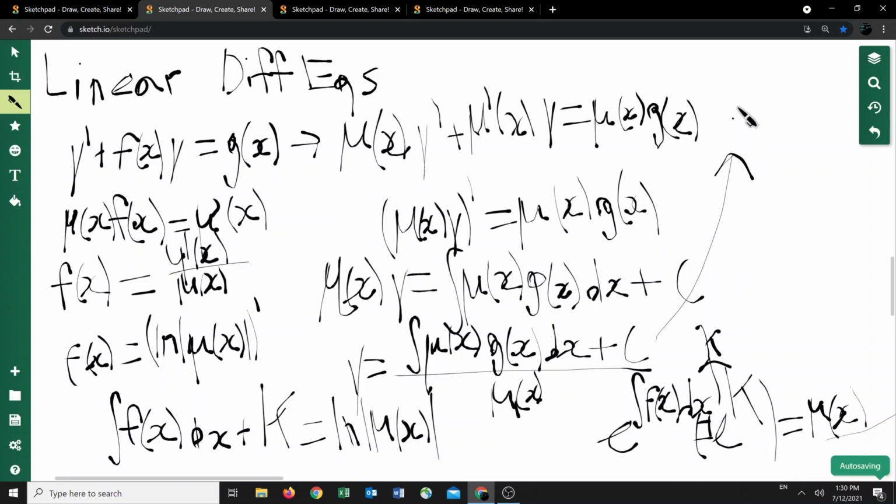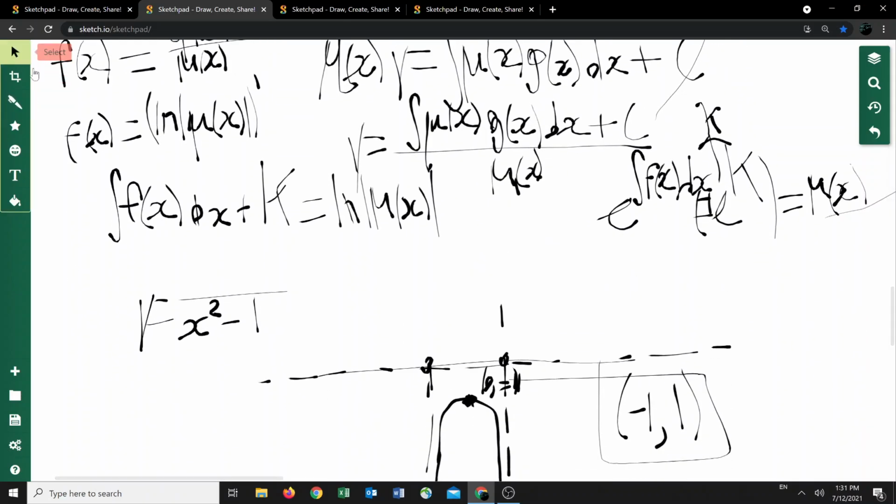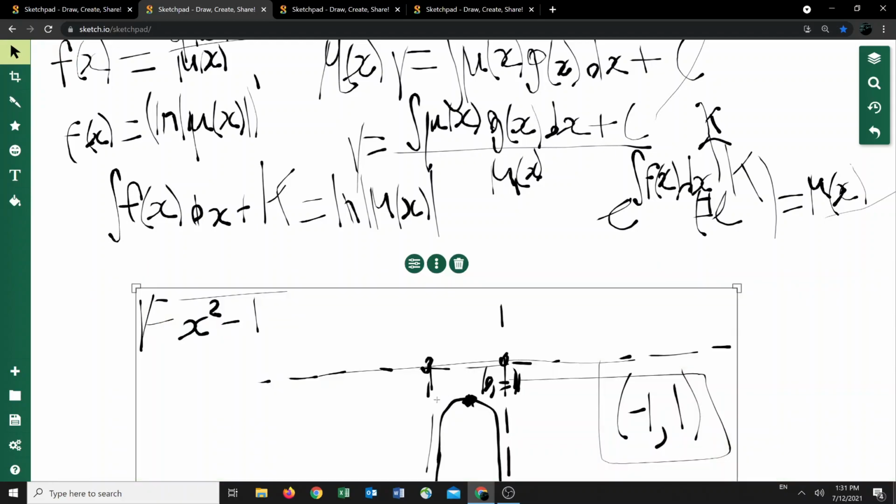So that, and rewriting the constants. I'm actually running out of room, so I'm going to go down. I forgot to get rid of this stuff.